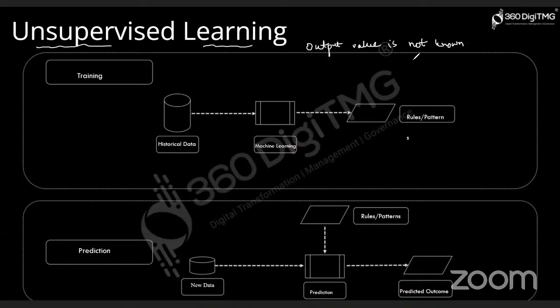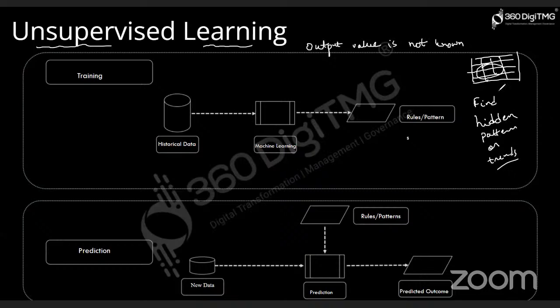Here we are given a data set and from this we are trying to find some insights, or hidden patterns or trends that you could not find earlier.